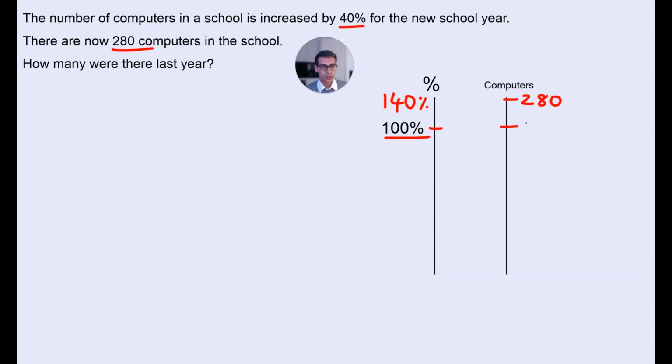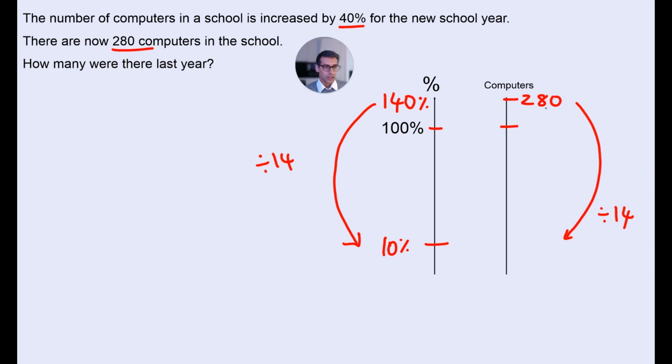So what we want to do is work out the original amount here. So let's see what numbers could work. Again, maybe going down to 10% would work here. So we could divide by 14. So 280 divided by 14 is going to give you 20.